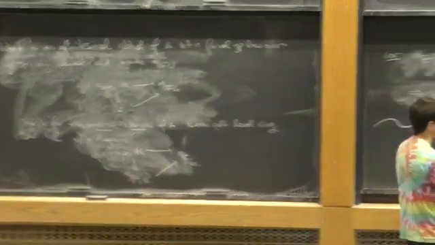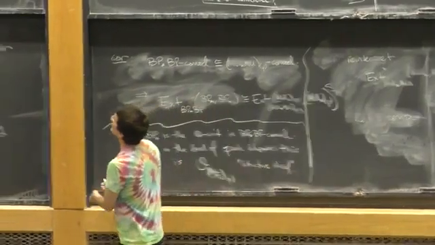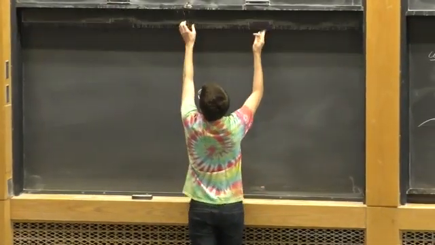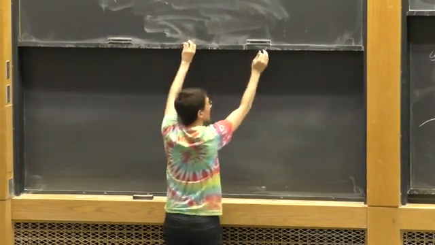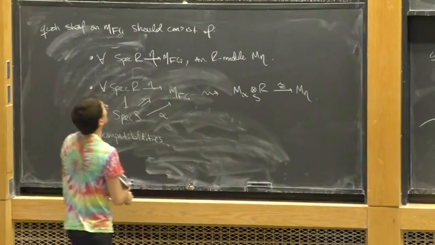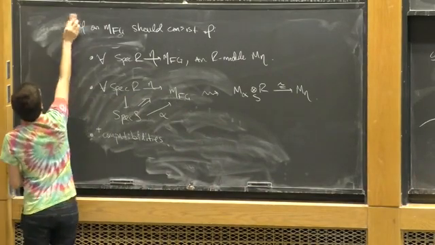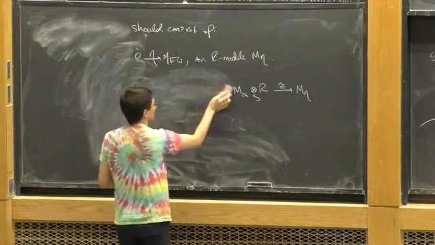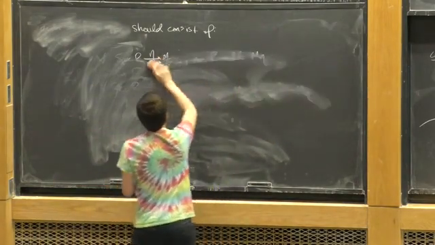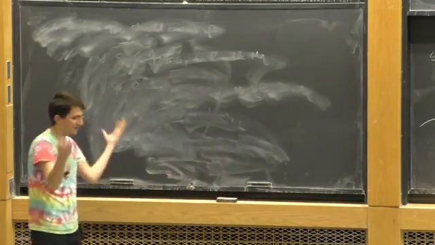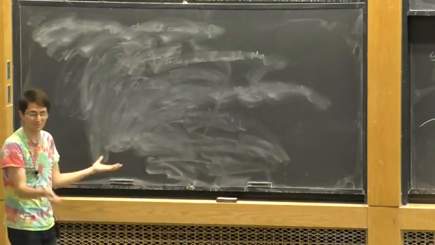So now I'm just going to write down what that phrase means, a universal example of a thing that fits into that diagram. Let me write down what the collection of all examples is and then hope that there's a universal one.